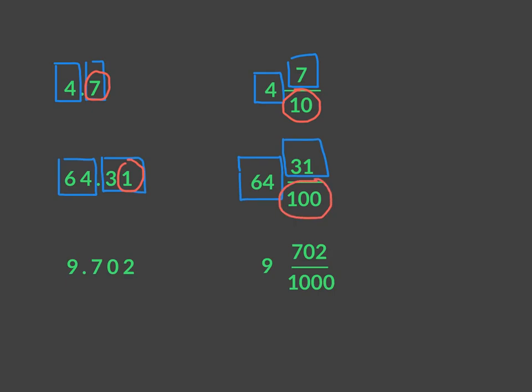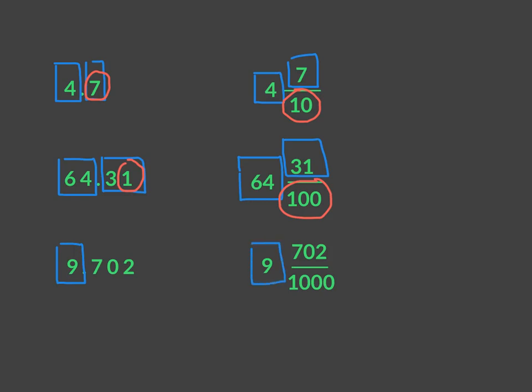Therefore, 100 becomes the denominator. 64.31, or 64 and 31 hundredths, can be written as 64 and 31 over 100.